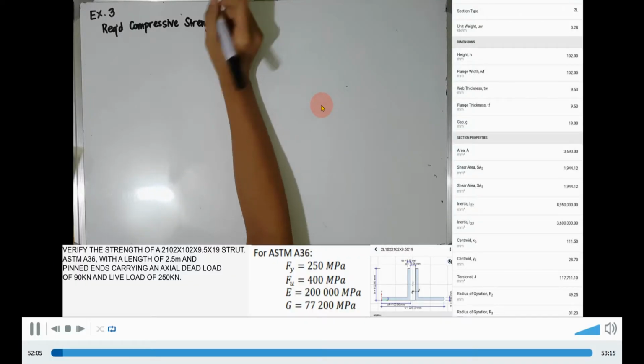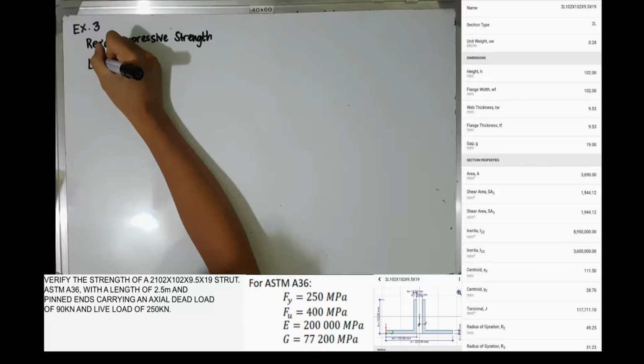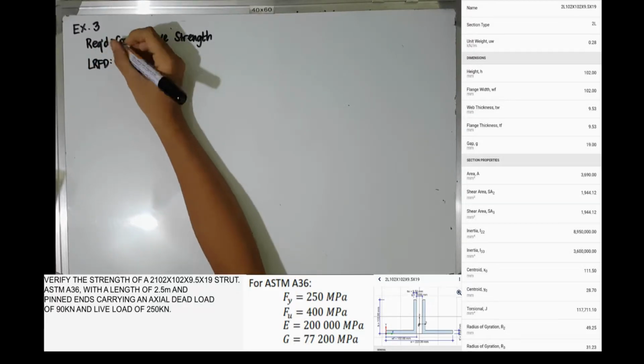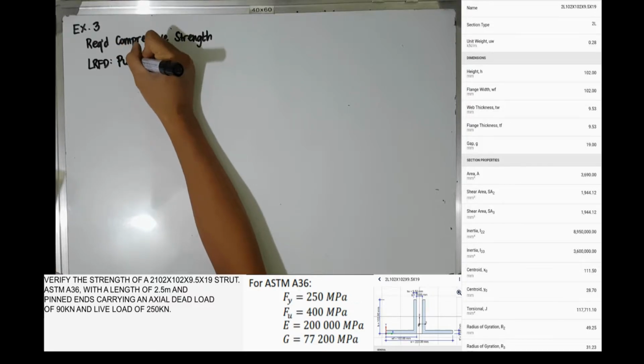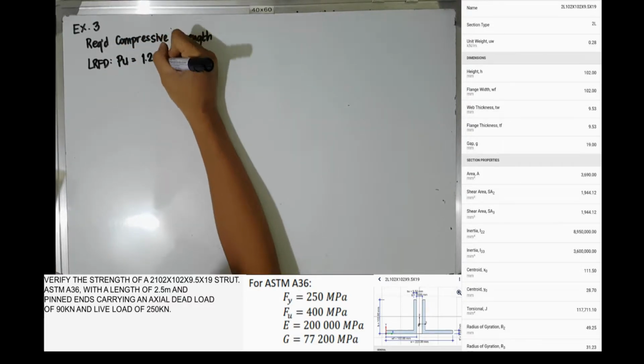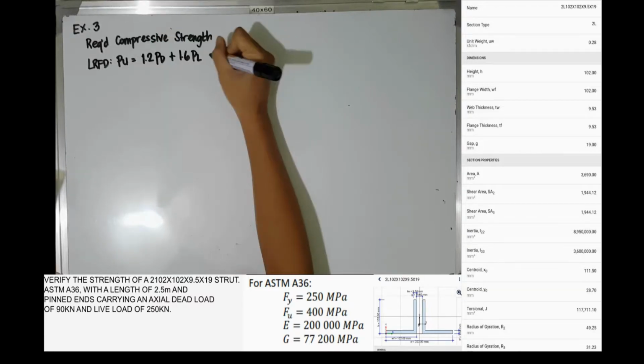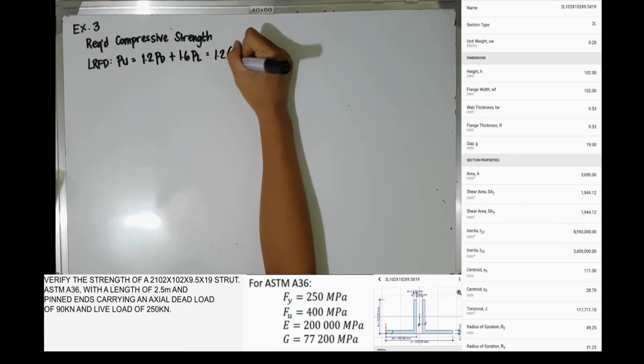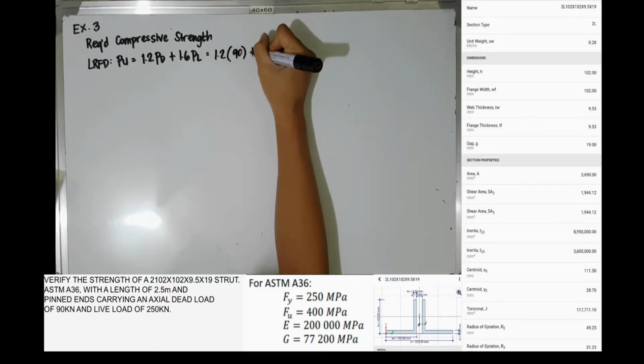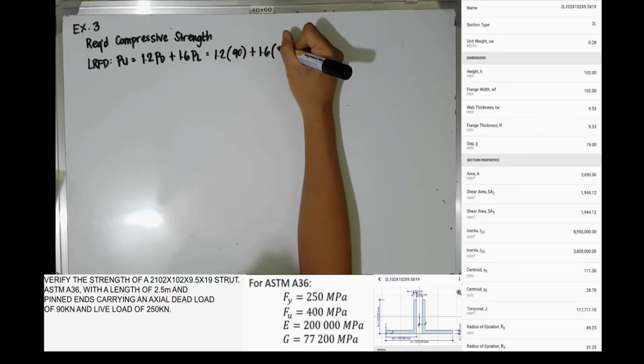So first step is to determine the required compressive strength. Under LRFD, Pu is equal to 1.2 the dead load plus 1.6 of the live load. So our dead load is 90 kN and live load is 250 kN.